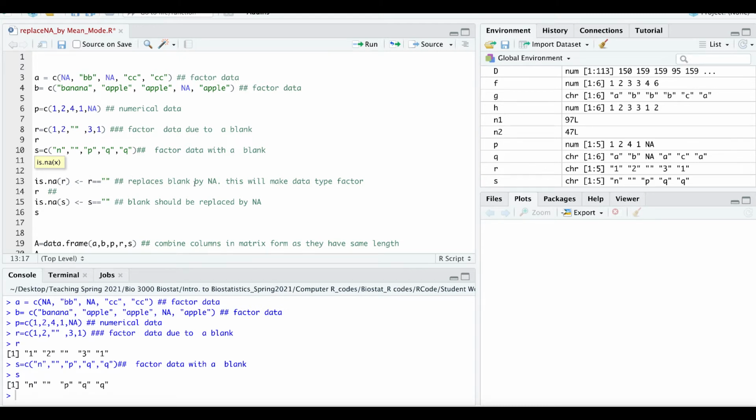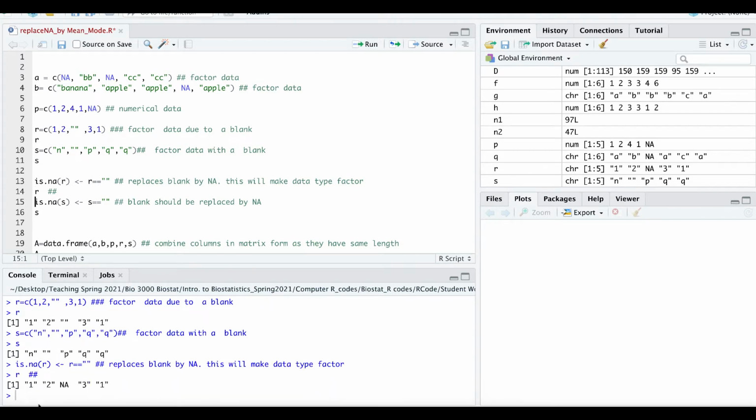This will keep the data type as factor, because R is already a factor data. Because all the other data are numbers here, we will change it to numerical data later, but for now this is a factor data, because of the quotation mark. If you do that, it lists all those numbers as factors as well, because you see the quotation marks.